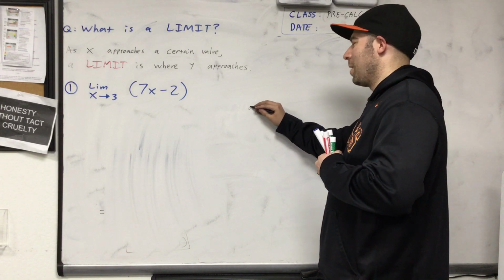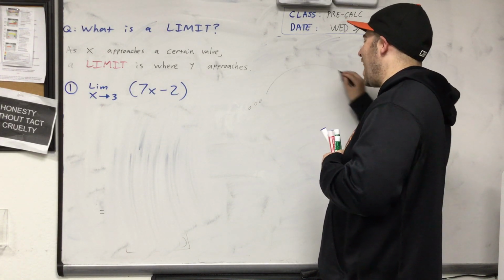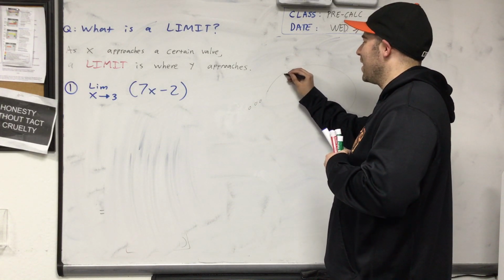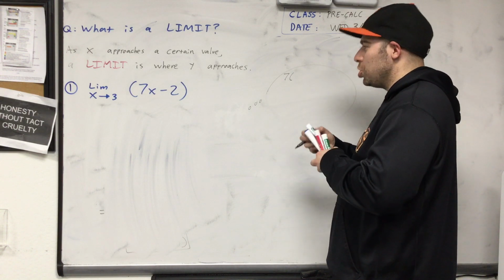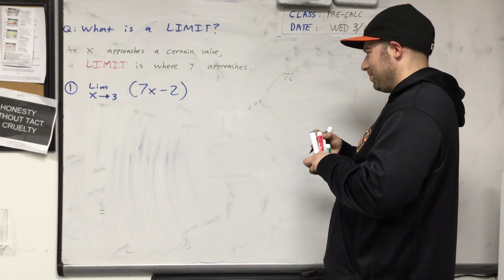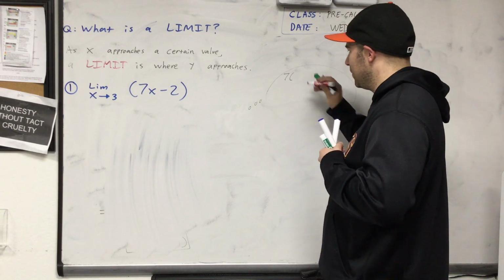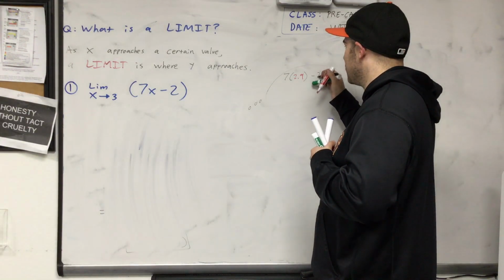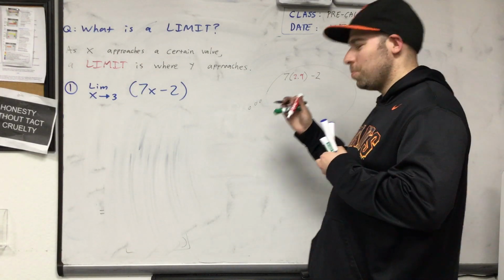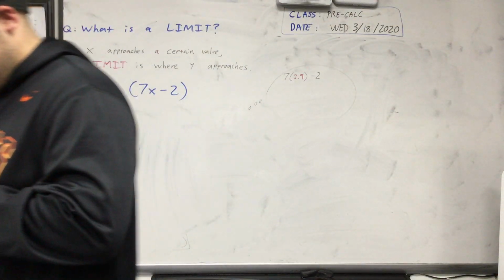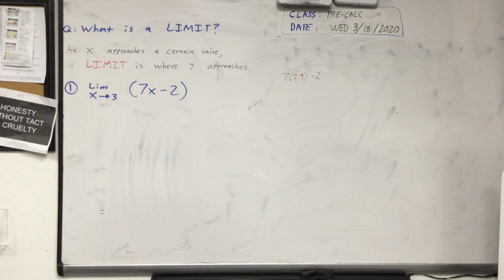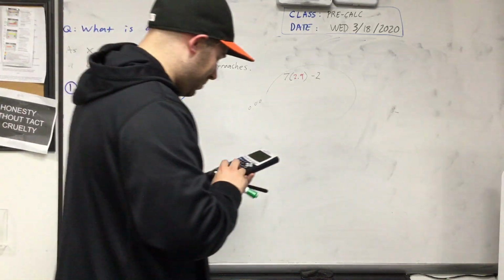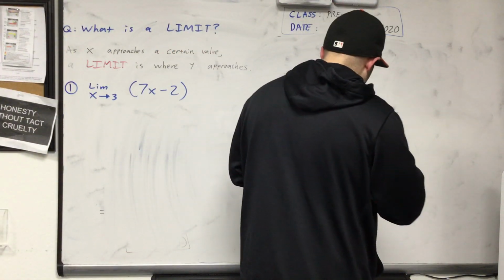I could do a little thought bubble. I could say, hey, let's plug in 2.9, so x equals 2.9. So I get my calculator, 7 times 2.9, I got a big old yawn.